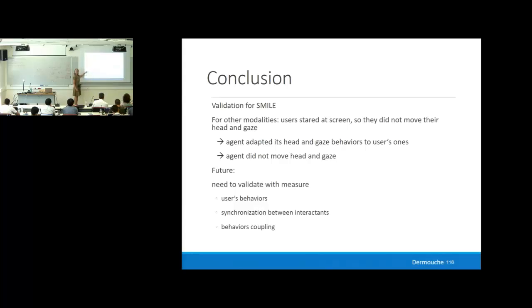One thing that we didn't do, and I think is very, very important to do in a human-agent study, is this: so far, we analyzed the data only through questionnaires, okay, on how the users perceived the agent. We didn't look at all at how they behave.